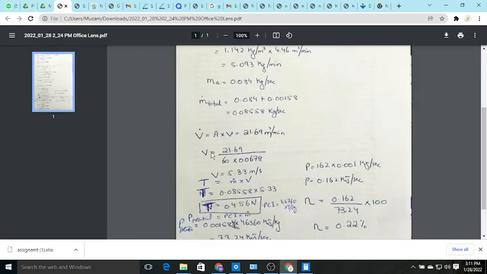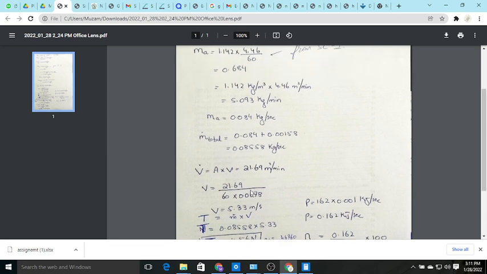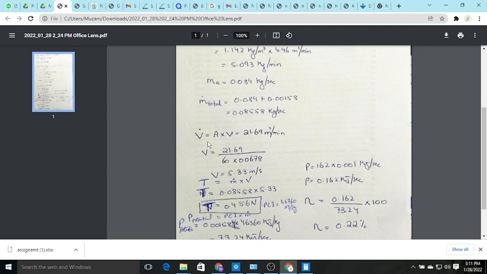Okay, so we take this value 21. I've shared the Excel file now. Excel is not installed in my system. You can see the student takes this value for 21 and 4 from this Excel file. Okay, so we get velocity by dividing by area. The flow rate is in meter cube per minute, so we convert into meter cube per second and then divide by its area to get the velocity.